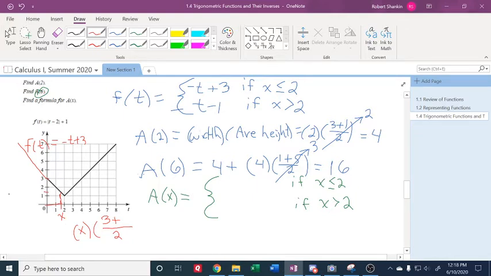So we'll get negative x plus 3. So for instance, if x was really close to 2, like 1.9, then we would be getting negative 1.9 plus 3, which would be 1.1, which looks like, just like on the graph, a little bit higher than 1. All right, so what we would be getting is right here, negative x plus 3.